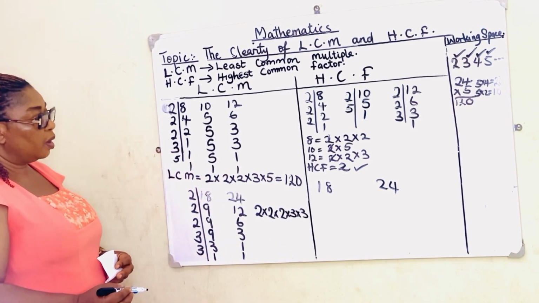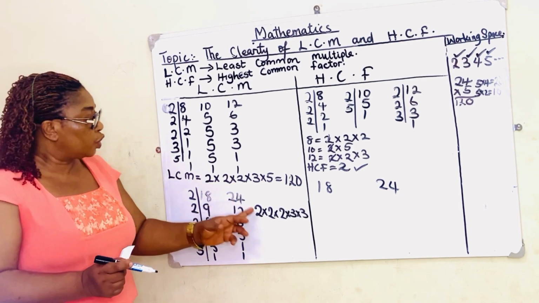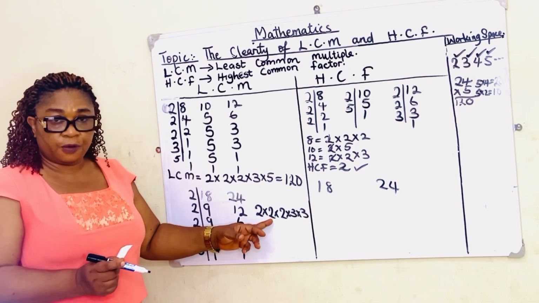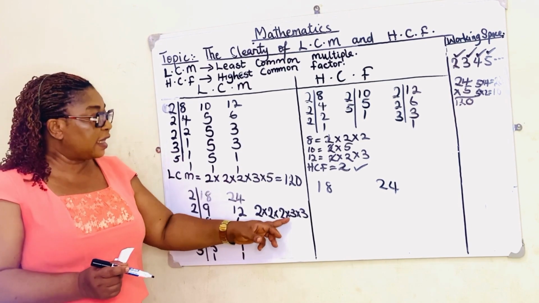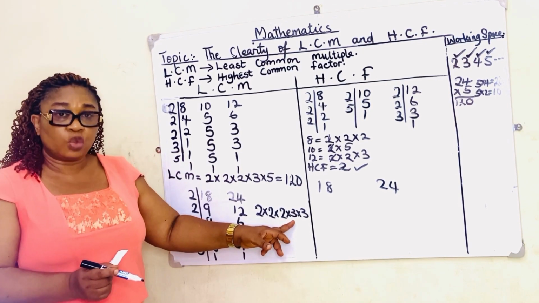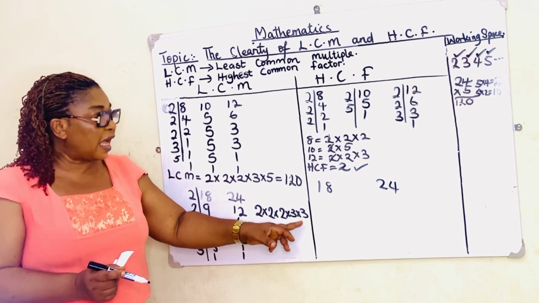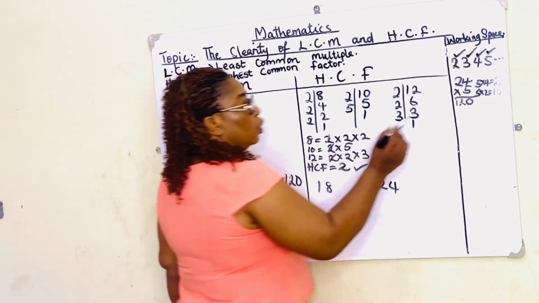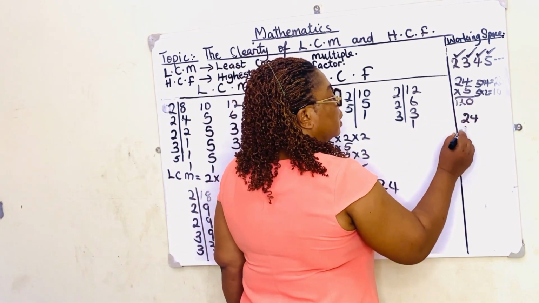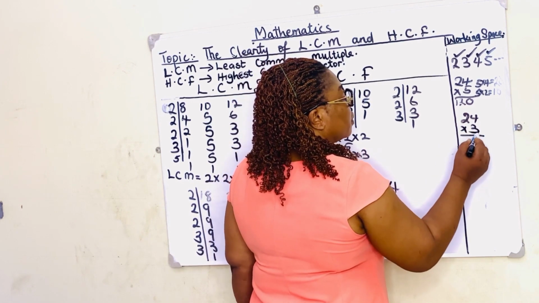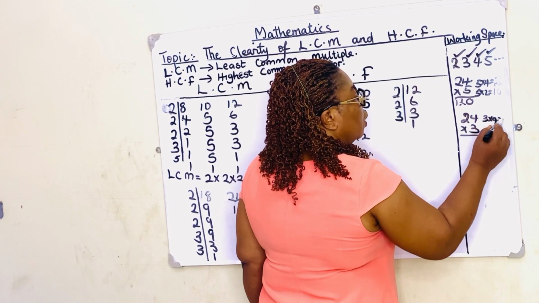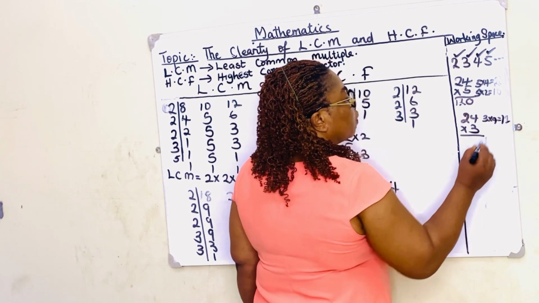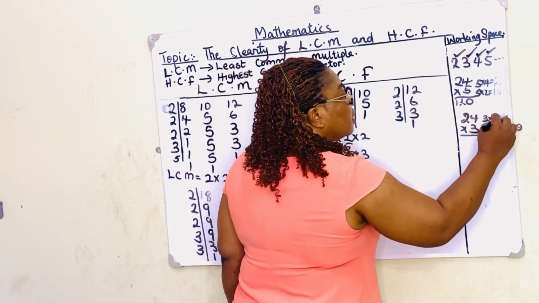So, let's go. 2 times 2 will give us 4. 4 times 2 will give us 8. 8 times 3 will give us 24. 24 times 3, let's go. 3 times 4 will give us 12.